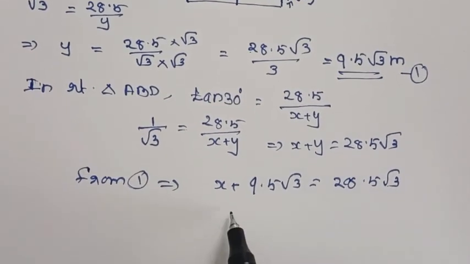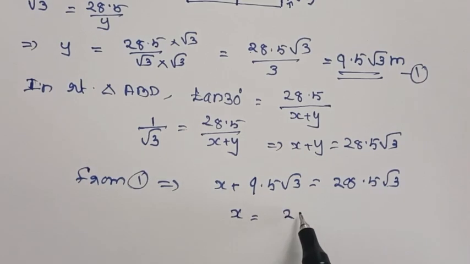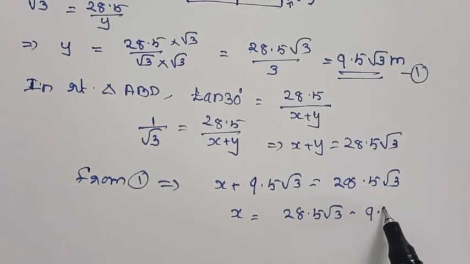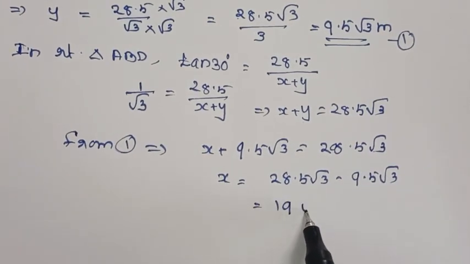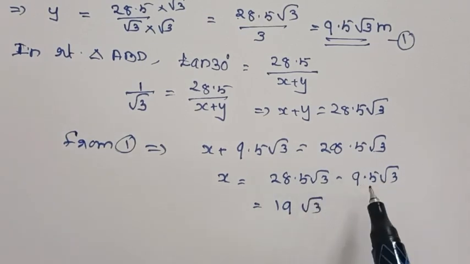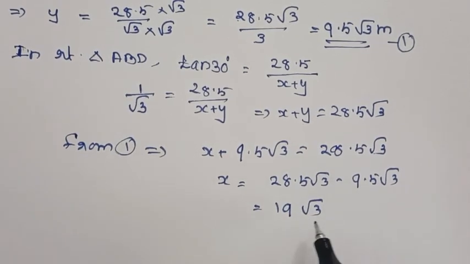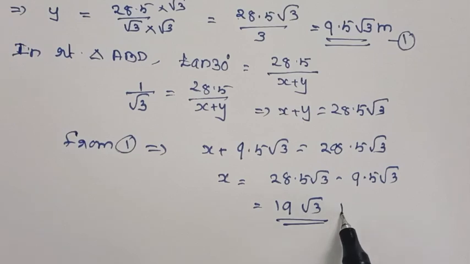Therefore, x equals 28.5 root 3 minus 9.5 root 3. Subtracting, you get 19 root 3 meters.